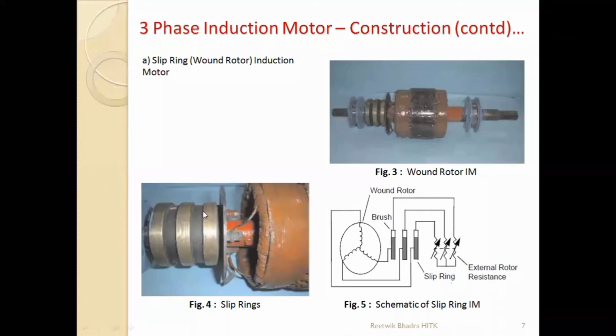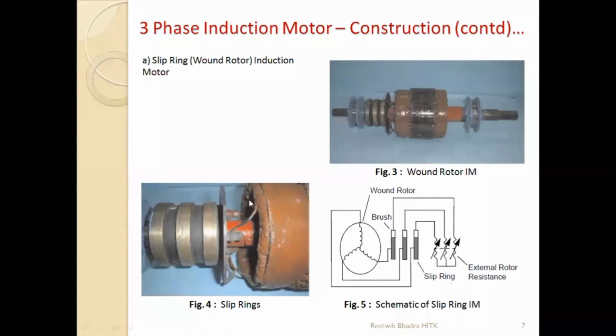These three over here are your slip rings in figure 4. Brushes are not shown over here. This whole thing is your induction motor. This round figure is your yoke. Inside that there is a stator and a rotating part. From that rotor, connections are taken out and connected to these slip rings.